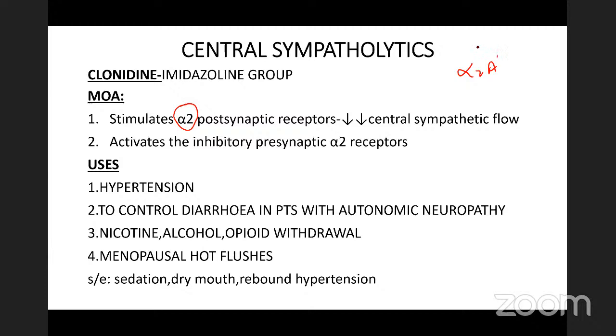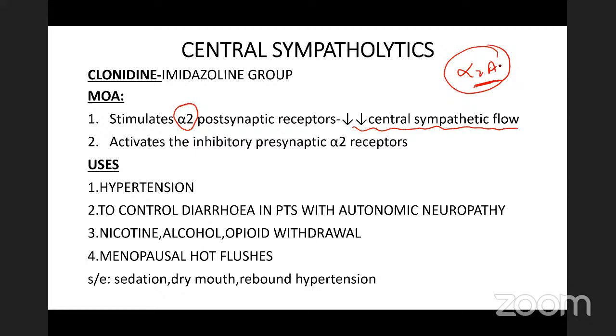Whenever these receptors are stimulated, it decreases the central sympathetic outflow and the release of adrenergic neurotransmitters. One point to remember: alpha 2A receptors, whether located presynaptically or postsynaptically in the central nervous system, inhibit the release of neurotransmitter and decrease the central sympathetic outflow.